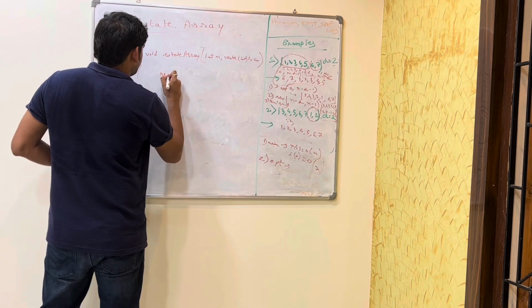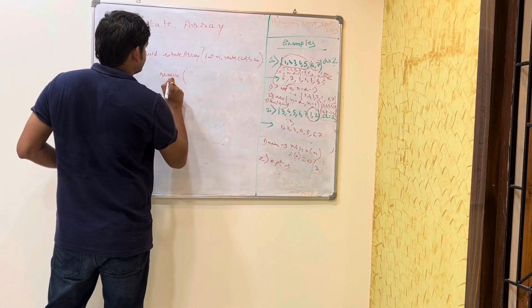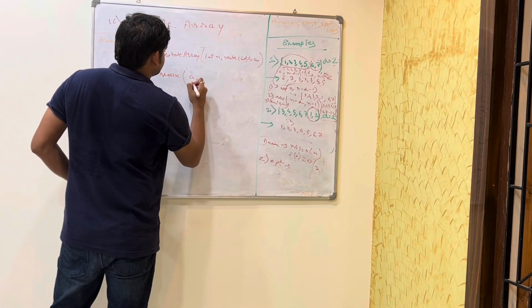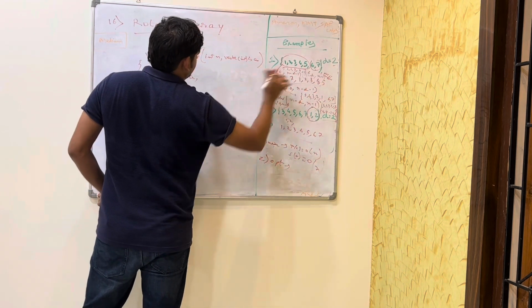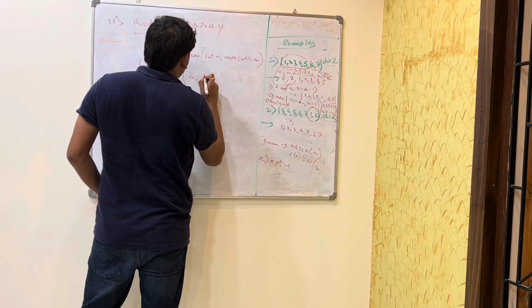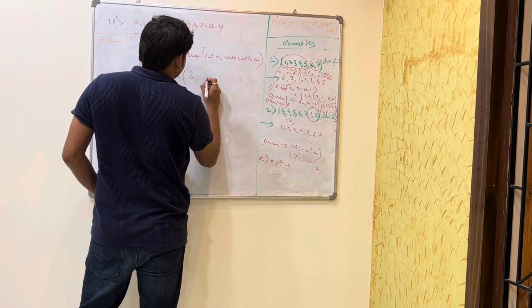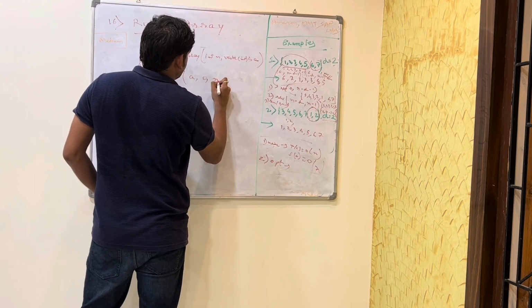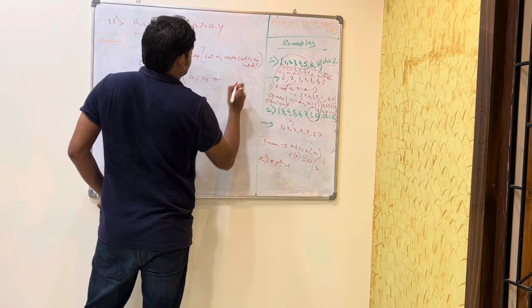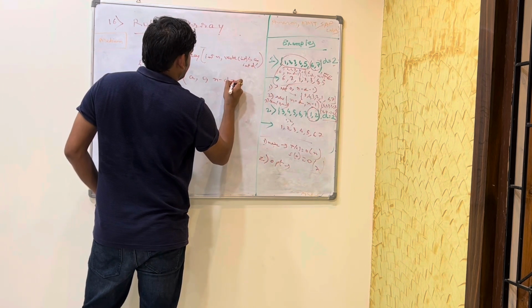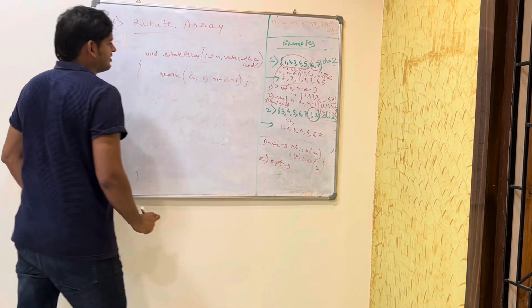What we are going to do? We are going to have a reverse function which will reverse the array from 0 to n minus d minus 1, where d is the rotation. We reverse the end part first, or anything is fine. So we have reversed here.